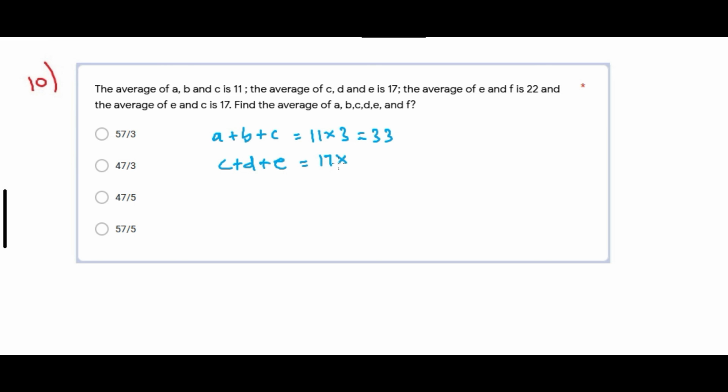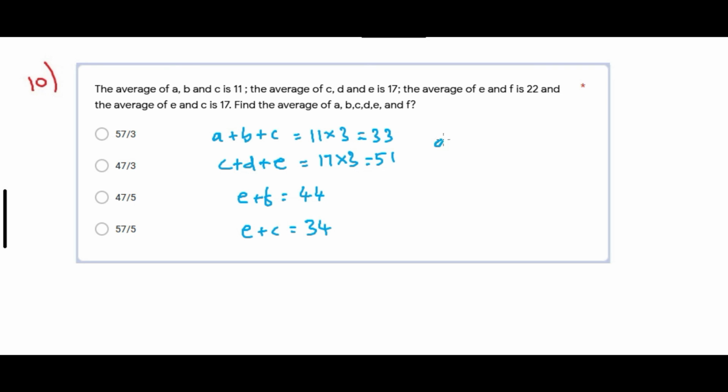So it will be 17 into 3, which is equal to 51. Next, average of E and F is equal to 22. By 2 is equal to 22, so it will be 44. Average of E and C is equal to 17, so it will be 34. Find the average of A, B, C, D, E, and F.